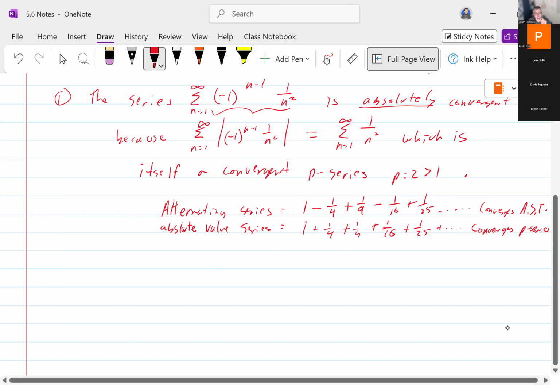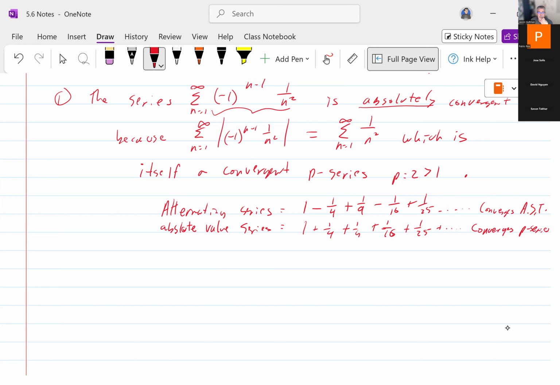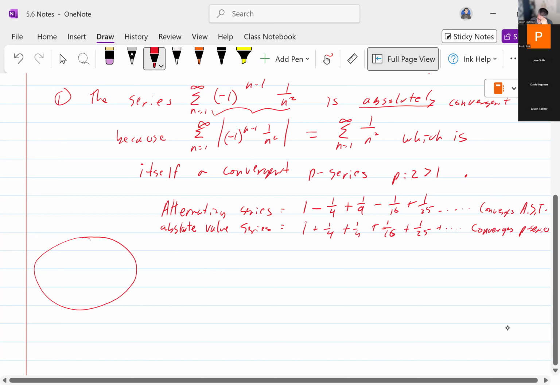Now, it is harder to get absolute convergence than just convergence. Think of it like a Venn diagram: this is convergent, and inside it is absolute convergence. So absolute convergence is harder to get.